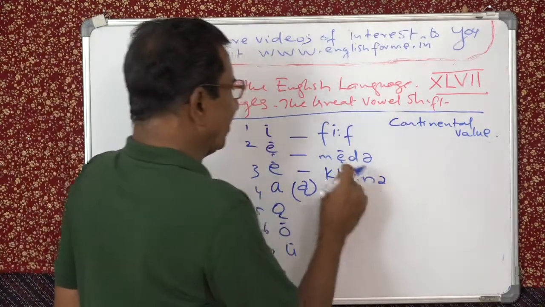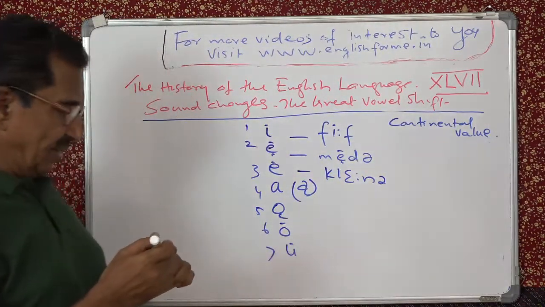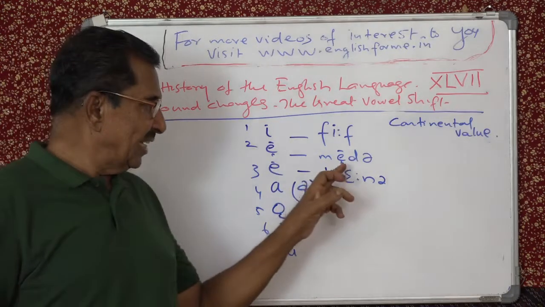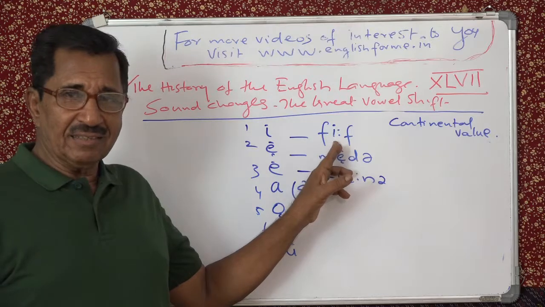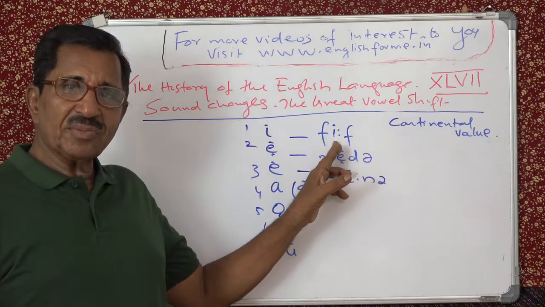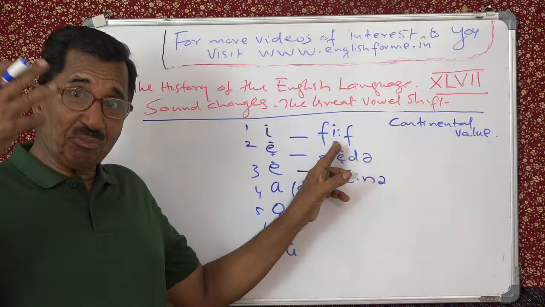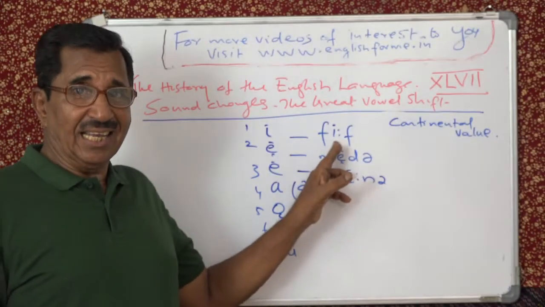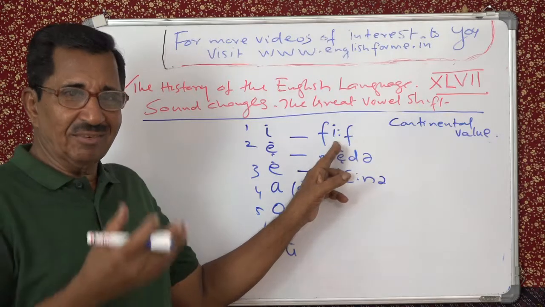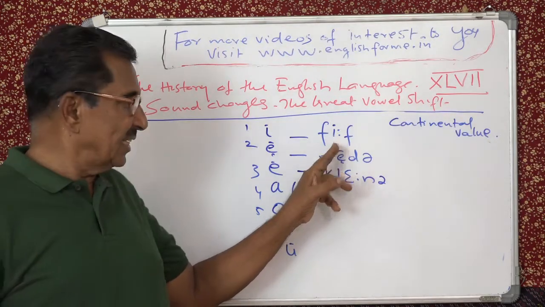So what is the difference between these? This is the front close vowel, we say. Front close means the front of the tongue is as high as possible in the mouth. E. You can stand in front of a mirror and see.